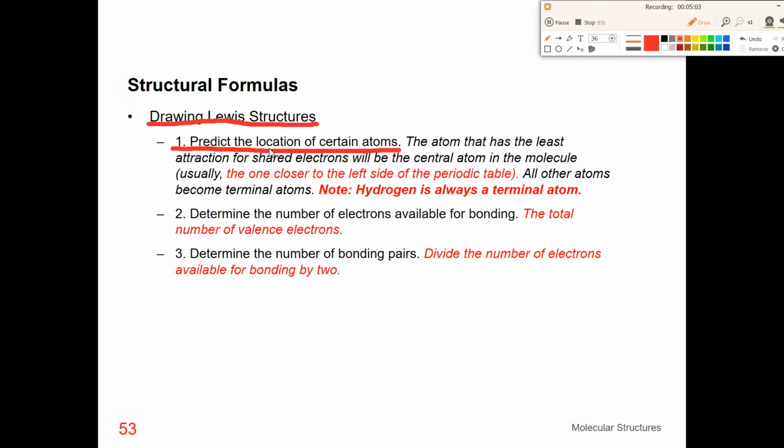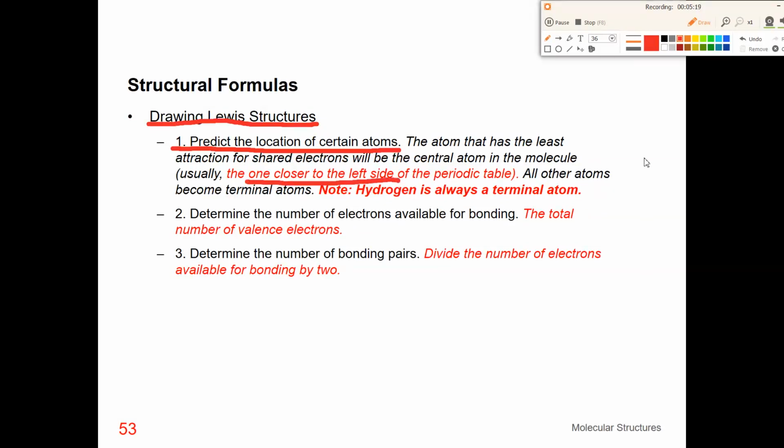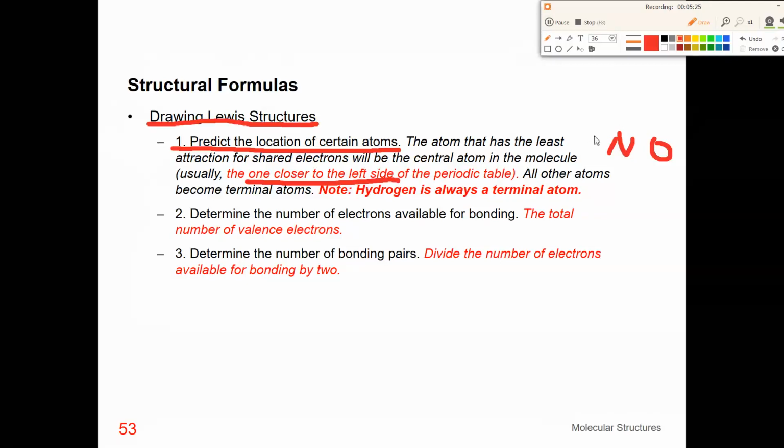So the first step, you need to predict the location of certain atoms. There are two ways, and these two ways are similar. One way is to look at the periodic table: whichever one is closer to the left. For example, you have oxygen, nitrogen, carbon.